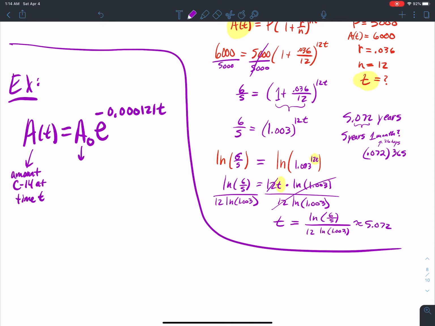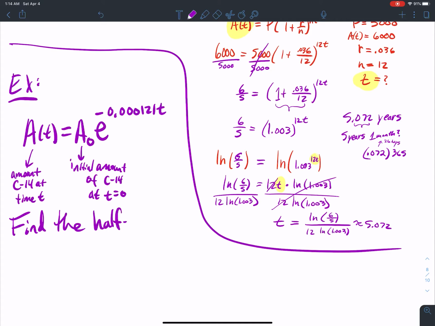And this a0 is the initial amount of carbon-14 at t equal to 0, at time equal to 0. What you want to do is find the half-life of carbon-14.